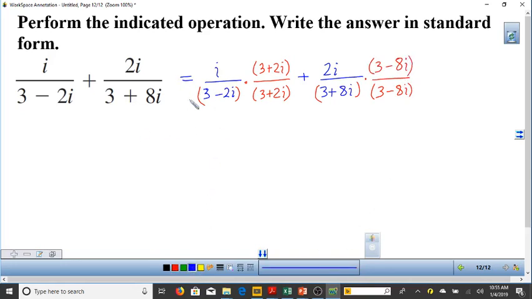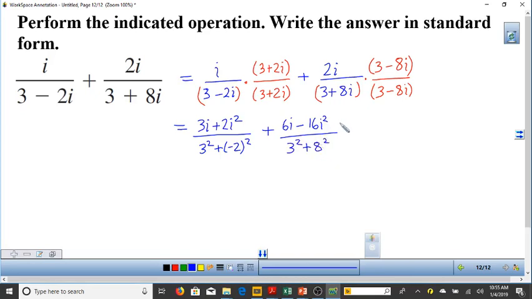So we multiply, and we end up with 3i plus 2i squared in the numerator of the first fraction, and the denominator is 3 squared plus 2 squared. And then for the other fraction, we end up with 6i minus 16i squared over 3 squared plus 8 squared.